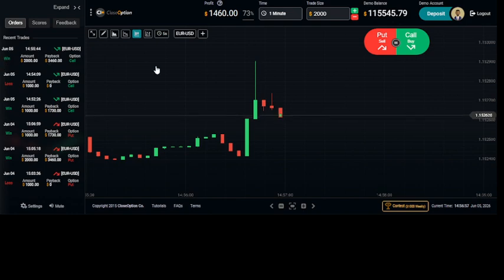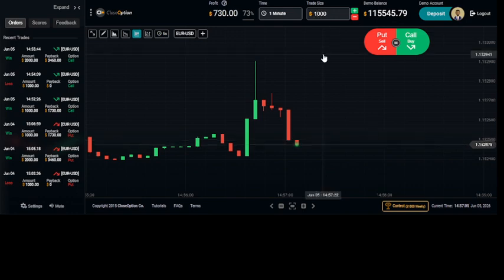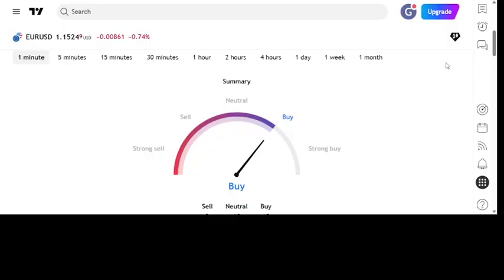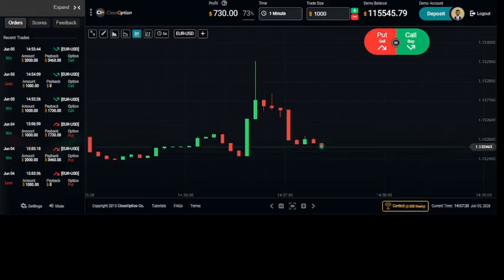All right, since we recovered the loss of the previous trade, we go back to $1,000 here. Now I'm going to go back to the technical analysis tool and recalibrate. On the 5 minute, it's saying neutral. On the 1 minute, it's still telling us to buy.